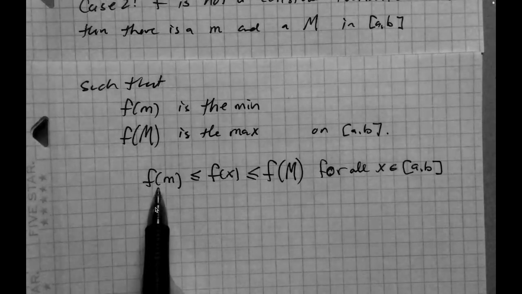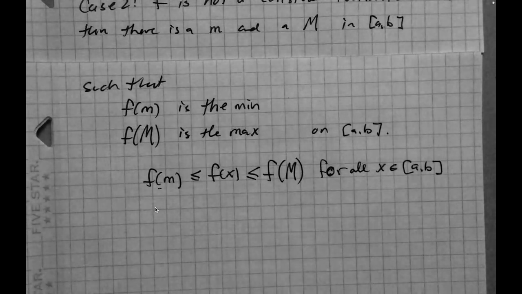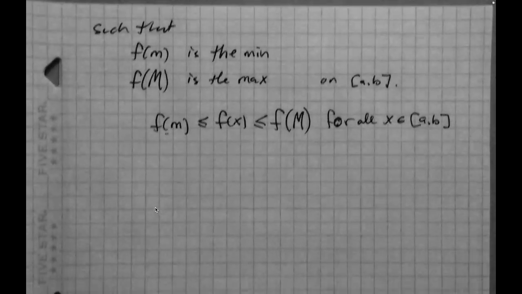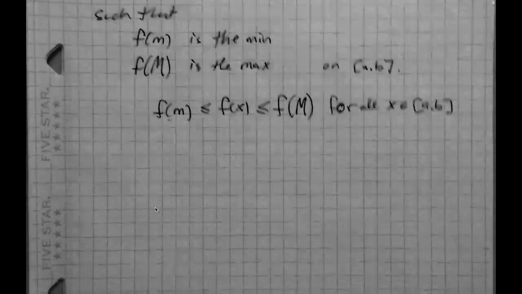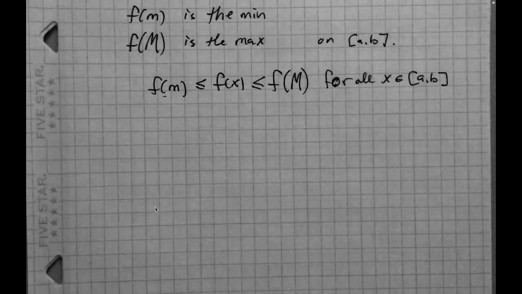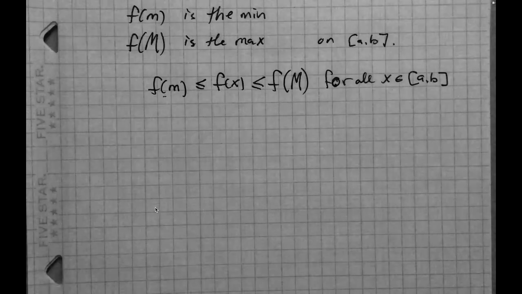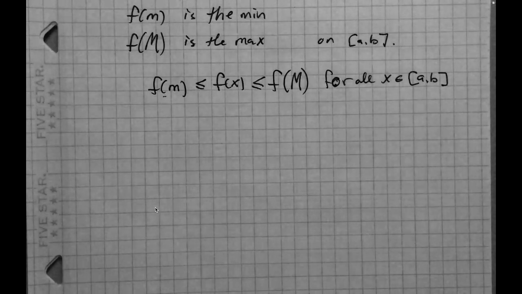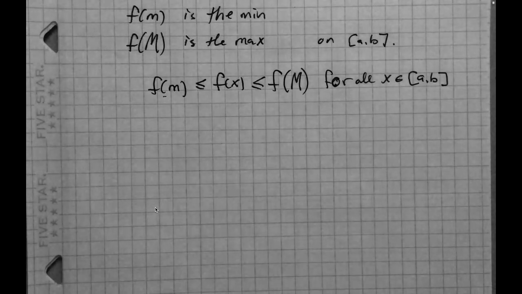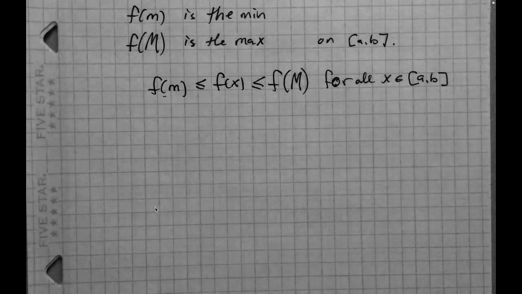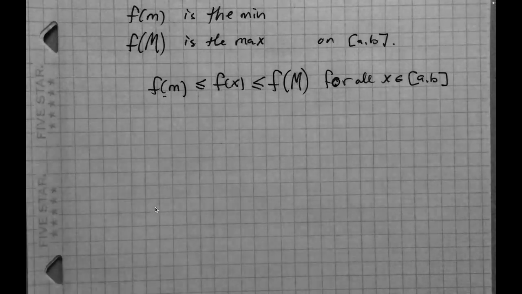This is the min value, this is the max value, and everything else in the interval is between those two. Nothing controversial in that. f is a non-constant function, so it's going to have a min and a max. Even if it was a constant function, it'd still have a min and max. They'd all just be the same value. But there's nothing controversial here.